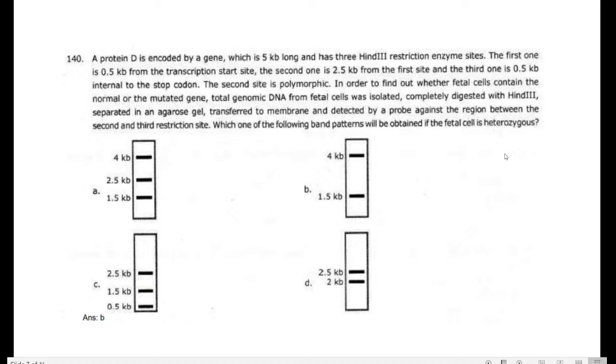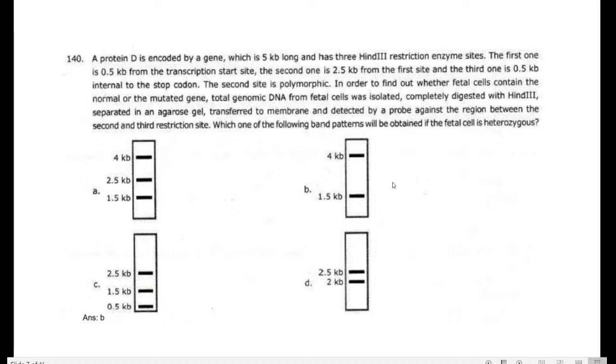After that, 2.5, and the third one is internal to the stop codon. So these are the two things. The second site is a polymorphic one.